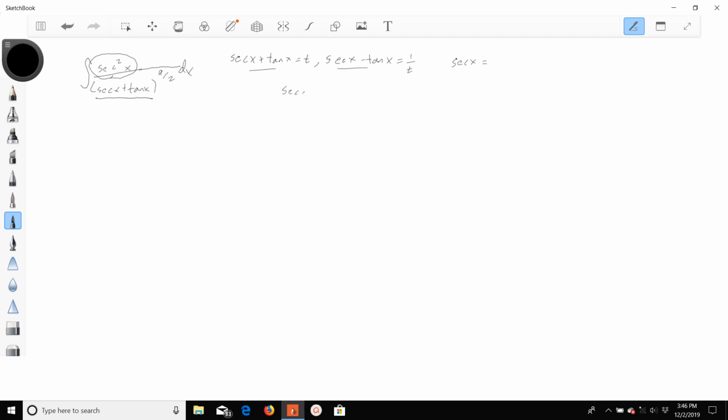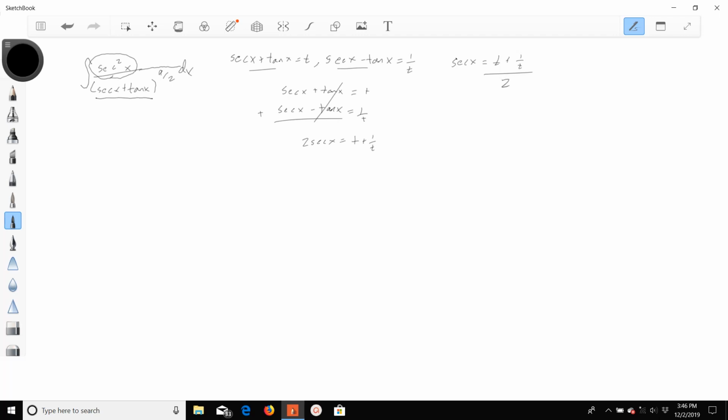Secant x plus tan x, and secant x minus tan x. I'm going to add those together. Those go away. This is t, and this is 1 over t. So 2 secant x is equal to t plus 1 over t. So secant x is t plus 1 over t, over 2.